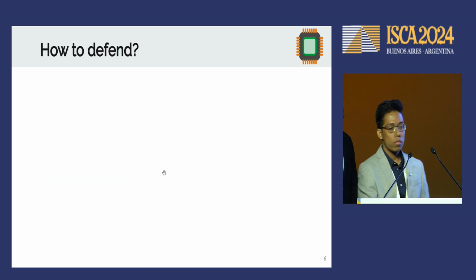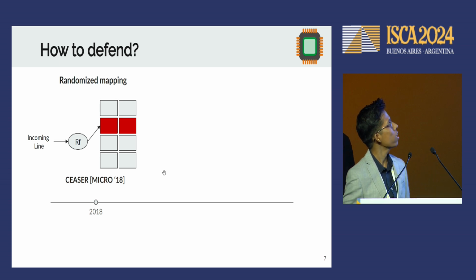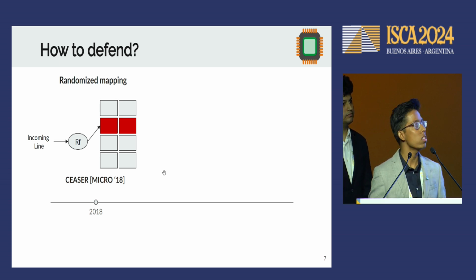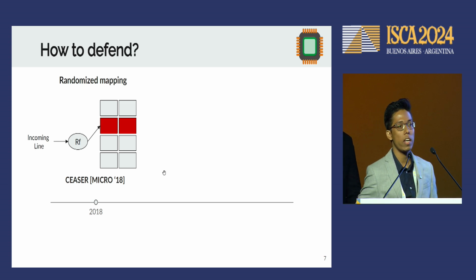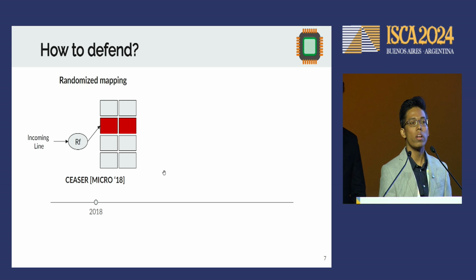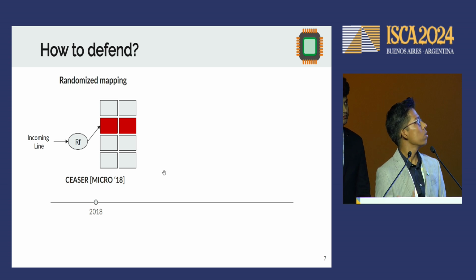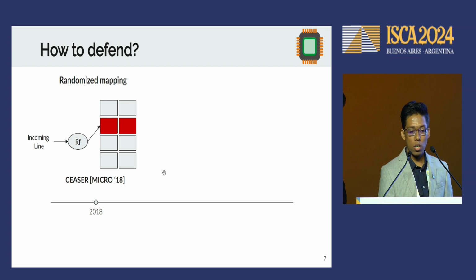So how to defend against these? In the past 3 years, there have been various proposals, like randomizing the set mapping. This is done to block the attacker's view of the set, so there's no direct correlation between an insertion and an eviction, because there is a randomizing function which is secured with a key that the attacker doesn't know.